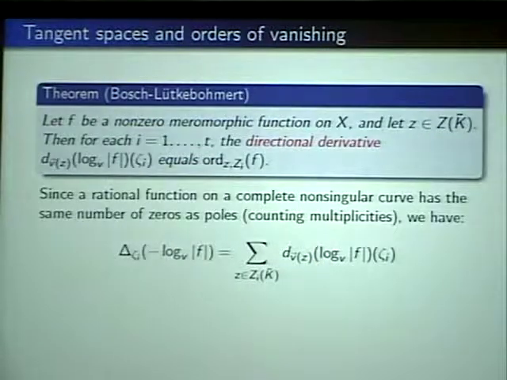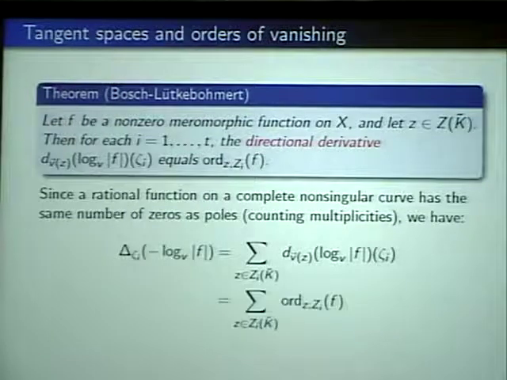It's the sum of the slopes in all directions. The directions correspond to points of the closed fiber. And by what I just told you, that's just the sum over all closed points of Z_i of the order of vanishing of f at that point. But Z_i is a complete curve, so that's 0.